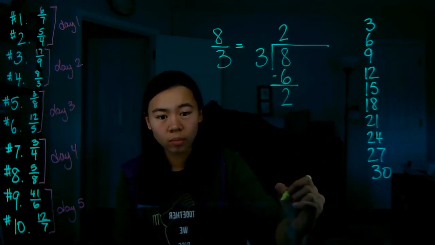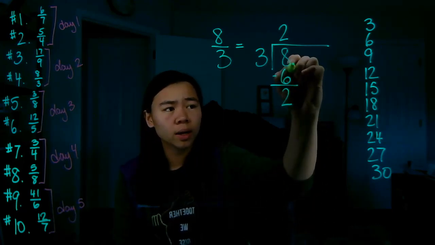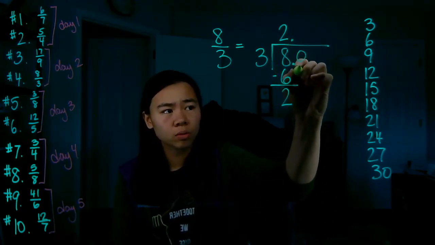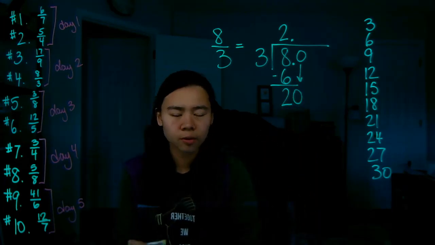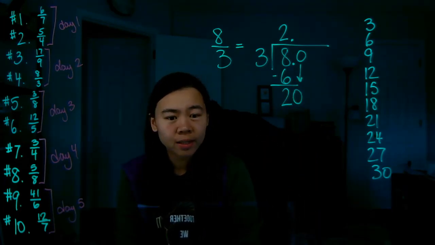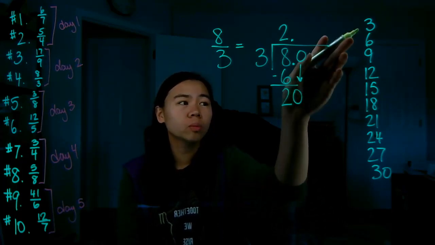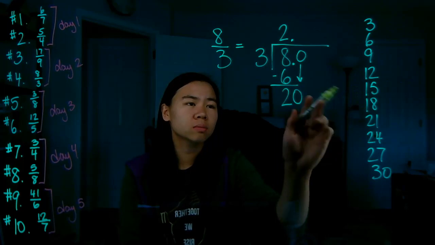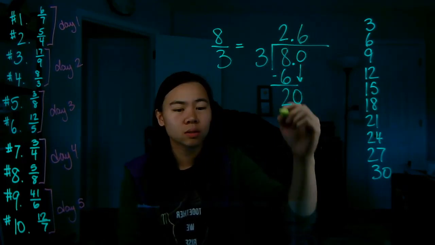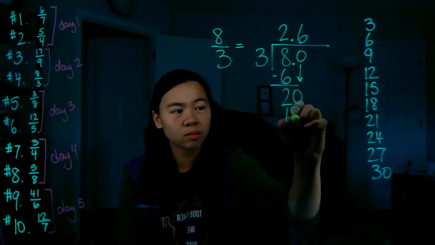Before I bring down my invisible 0, I'm going to go ahead and add my decimal and my 0. How many times can 3 go into 20? 18 is as close as we can get. 1, 2, 3, 4, 5, 6, which is 3 times 6. 3 times 6 is 18.